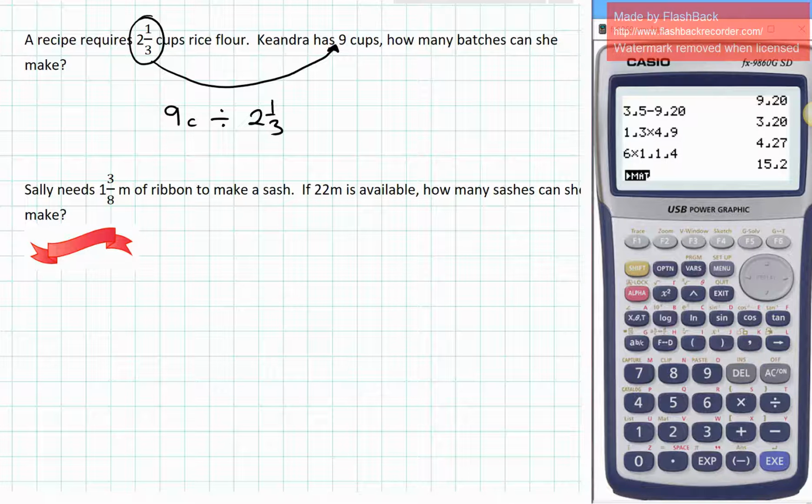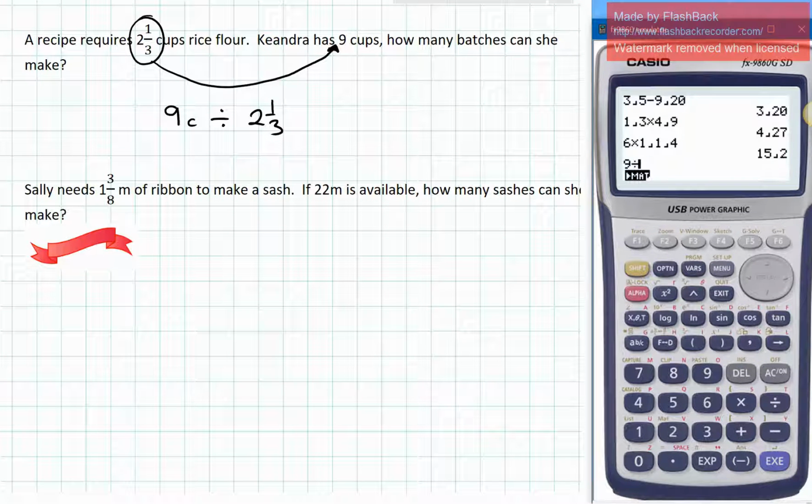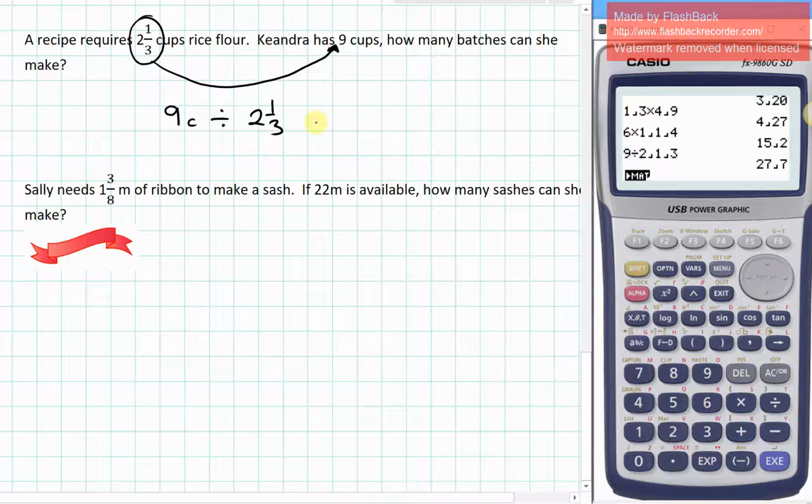So straight to my calculator, 9 divided by 2 1/3. Okay, so when you've got a mixed number, you need to use the fraction button twice in between each of the digits. So 9 divided by 2 1/3 is 27 over 7, 27 sevenths.